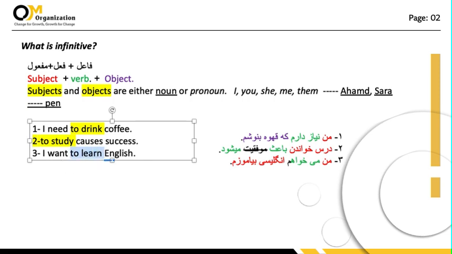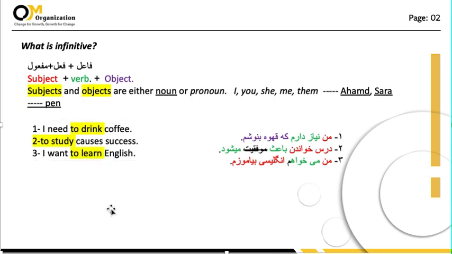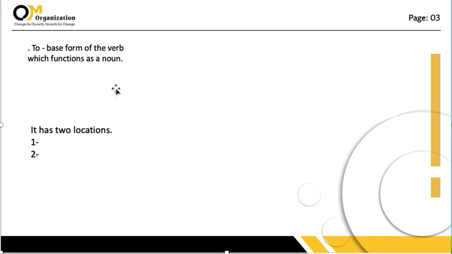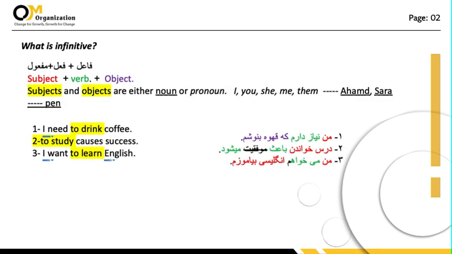To learn English is an infinitive here. When you want to recognize an infinitive, it's to plus the base form of the verb, which functions as a noun. It's our verb, but in the sentence, it's not in the location of the verb, it's in the location of either the object or the subject. That is why we call it infinitive, because it's not purely a verb.